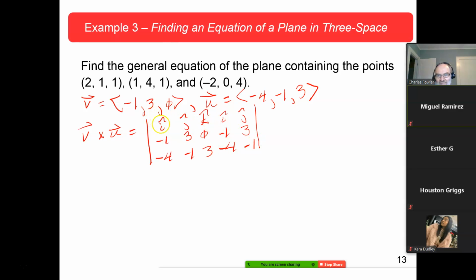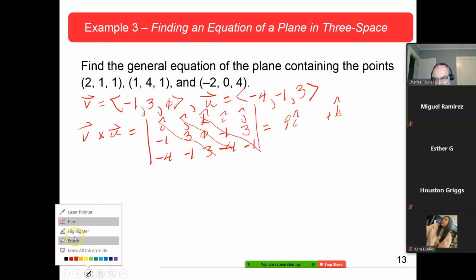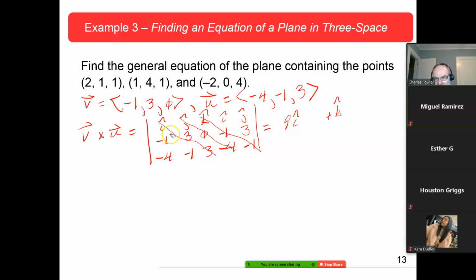Now let's do your down diagonals. This will be 9i, 0j, plus k. Now I'm going to erase, just because it gets pretty crowded looking if you leave all those lines in there.